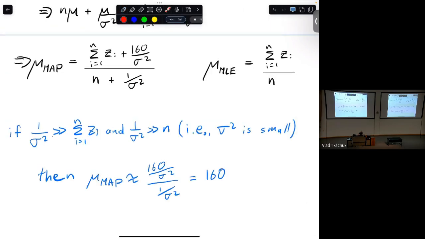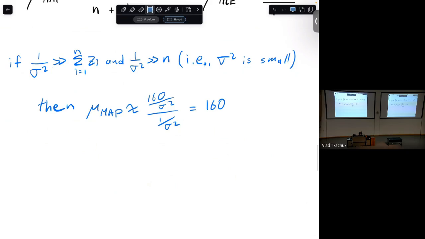So in other words, if we have very low variance, which means we're very confident in our prior, remember, this was where you have basically a peak for your prior, like absolutely certain that it's 160, well, then your MAP estimate is just going to be 160. It's just going to be exactly what you thought of your prior. In other words, if the data is not large enough to dominate this prior knowledge, then your estimate is just going to be your prior.